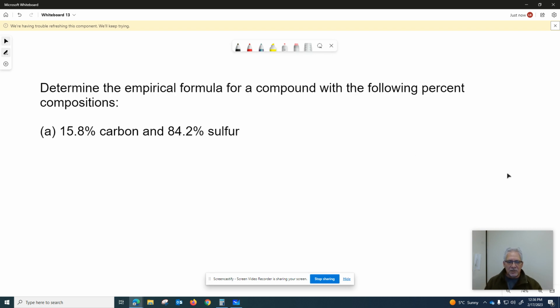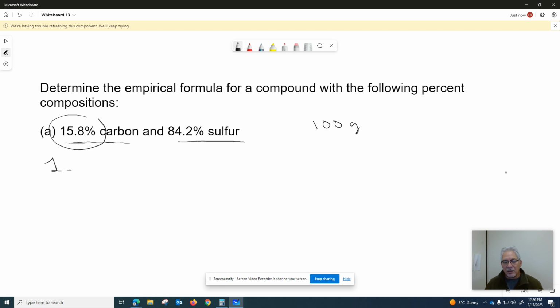Okay, we have on the screen one example of a problem that will ask you how to find the empirical formula of a compound. And they gave you the composition of carbon for that compound, which is this one, and the composition of sulfur. First step, I will convert based on 100 grams of the substance.